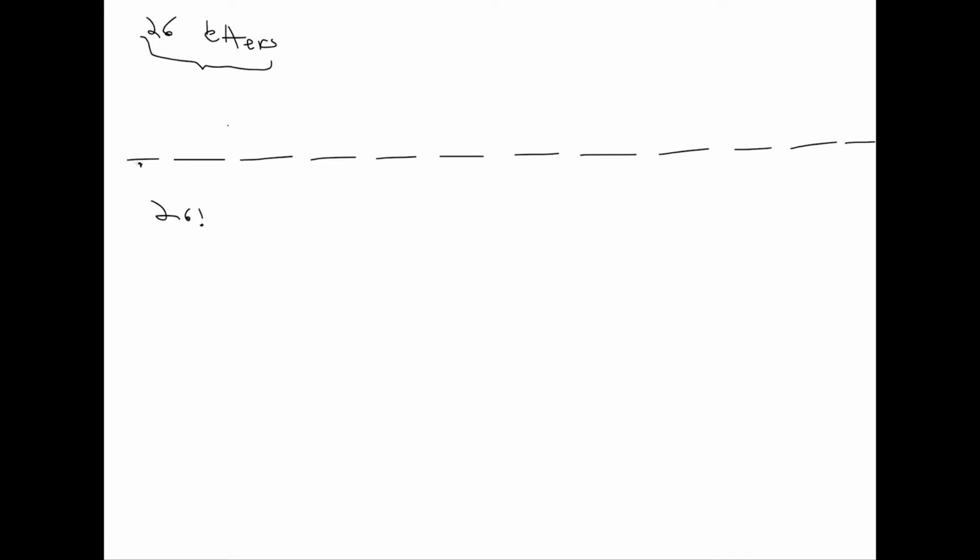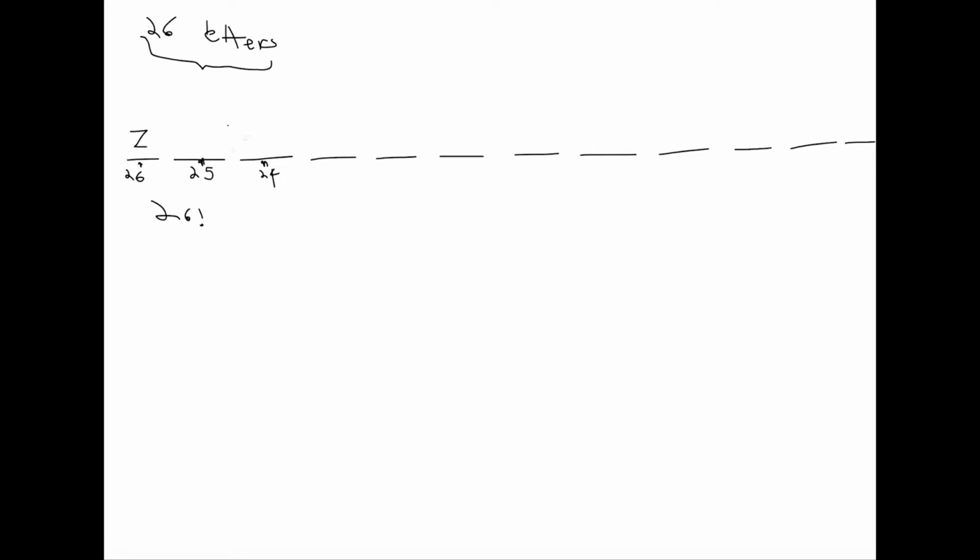This first position can have 26 different letters in it, so it can have A, B, C, all the way to Z. Once it has a letter, let's say Z, this second position can only have 25 now, because we know that Z is in the first position. Then this one will only have 24, all the way to 1.